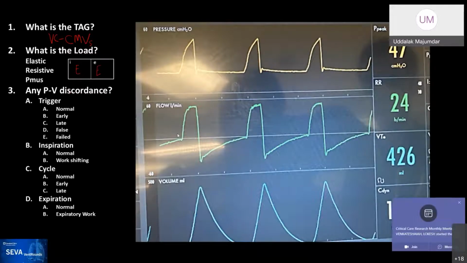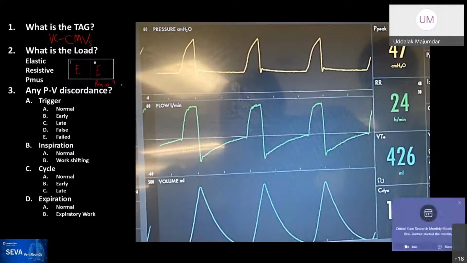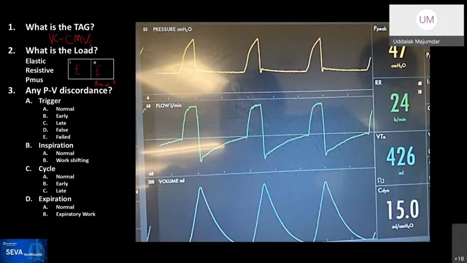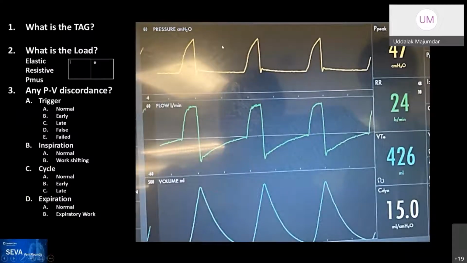I'm talking about the ascending limb of the pressure waveform. In terms of trigger, I think it's normal. In terms of PV discordance, I don't think there is any, because I don't see too much spontaneous breathing. So I would not say that there is a whole lot of PV discordance there.